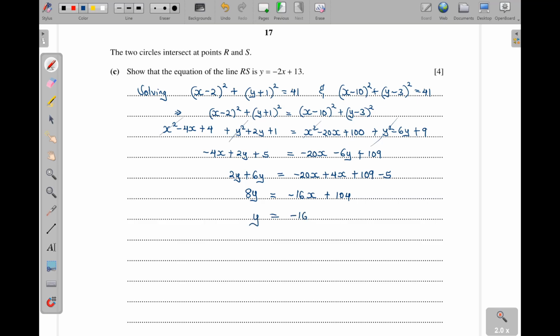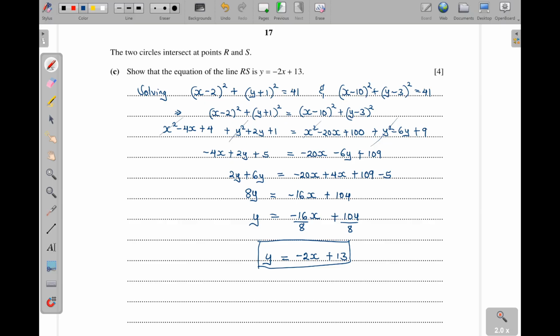So we have −16x divided by 8, and 104 divided by 8: 8 goes into 10 one time, put a 2 here, it becomes 24, and 24 divided by 8 is 3, so it becomes 13. That implies y = −2x + 13, and that equation is already out.